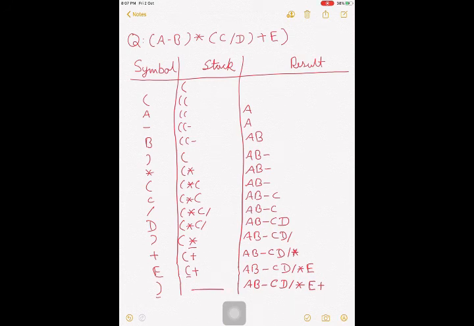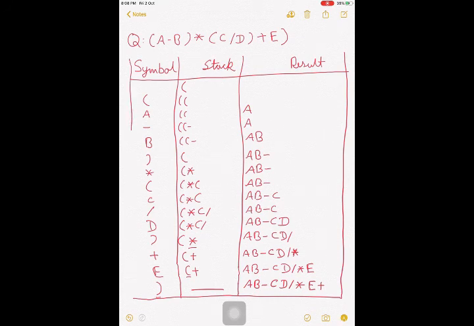The stack is empty. So this was the bounding condition for the algorithm of conversion from infix to postfix, that at the end we must have an empty stack. So now we have an empty stack, so the expression arriving in the result section will be the final result that we have worked out.